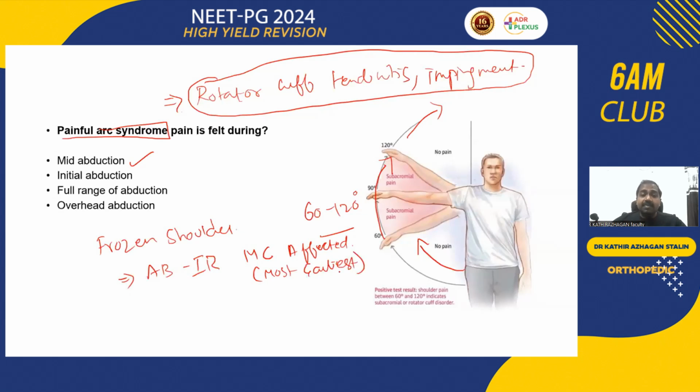But while describing the question, they will say a person has all range of movements painful, and on trying external rotation, there is zero degree or very limited external rotation. That is the key word. Although the most commonly affected movement is abduction and internal rotation, in a clinical setup an examiner would always assess external rotation to make the diagnosis of frozen shoulder. So invariably your question will have the words reduced external rotation.